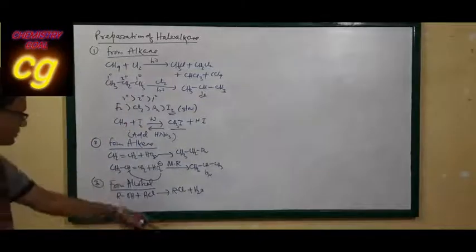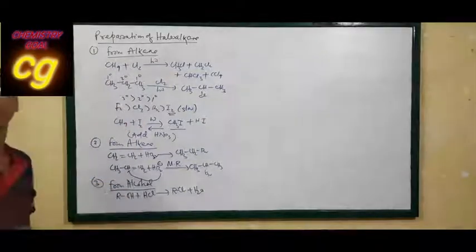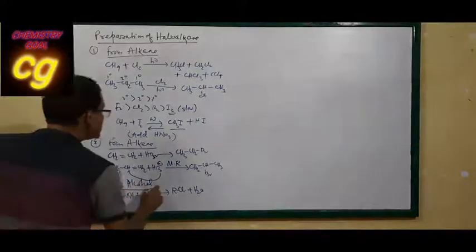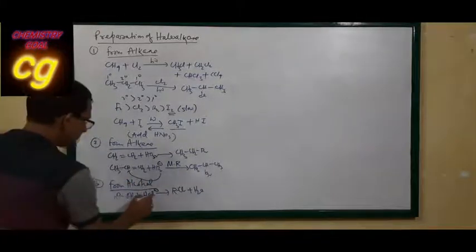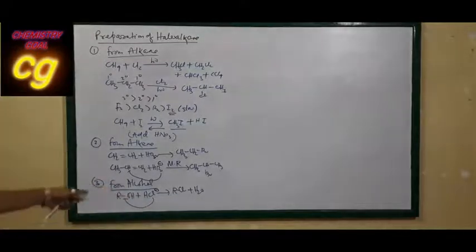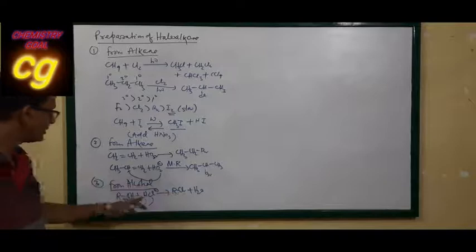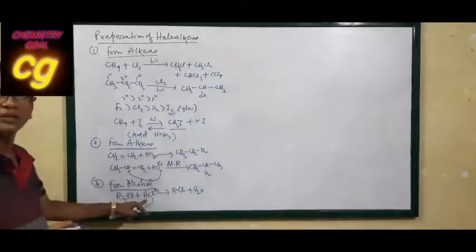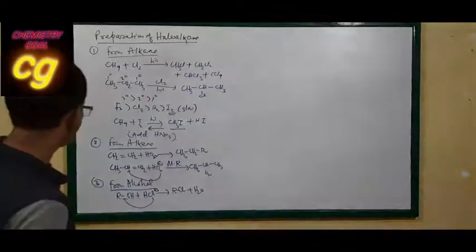This reaction is a nucleophilic substitution reaction. Here the nucleophile is Cl minus. The nucleophile attacks, then OH will be removed. So this is one preparation of haloalkane from alcohol, by reaction with concentrated HCl.